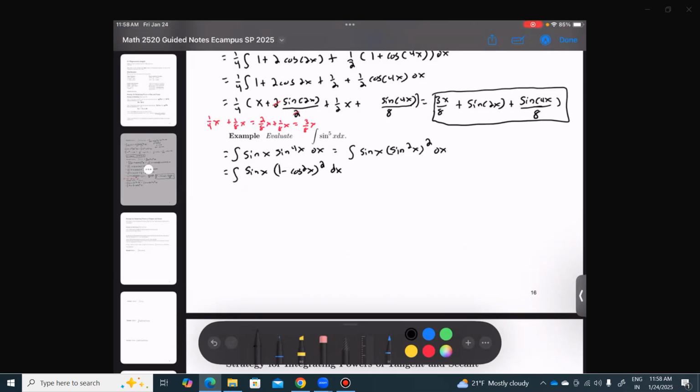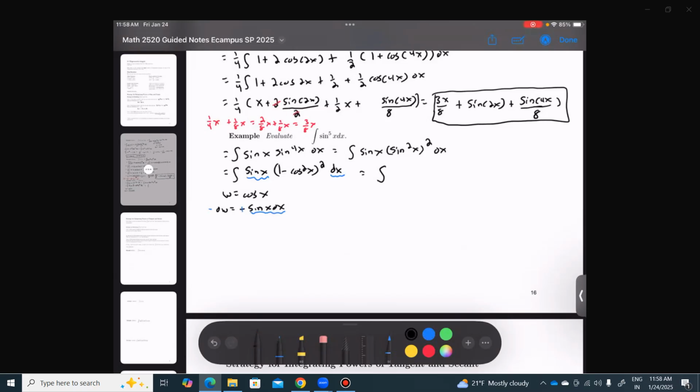Now we let w equal cosine x and dw equal negative sine x dx. And so we can make this into the integral with w's. Anywhere we have a cosine is a w. The sine x and dx is going to be this, so this is going to actually equal negative dw.